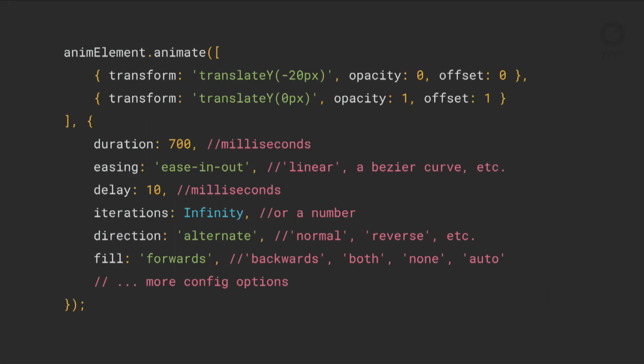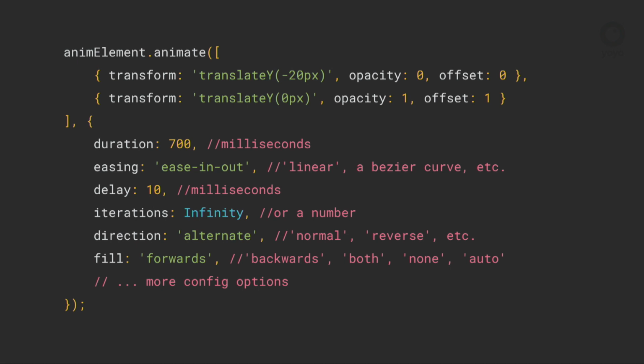This is what it looks like with the Web Animations API. You have a node, a DOM element, a DOM node, and you just call animate on it. The first value you give to it is an array of objects, and inside there is essentially the same kind of concepts you have in your keyframe.